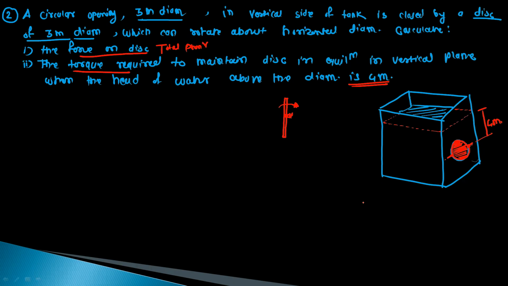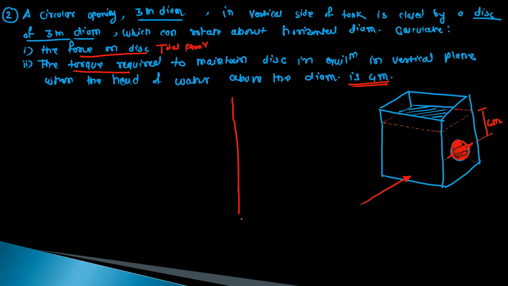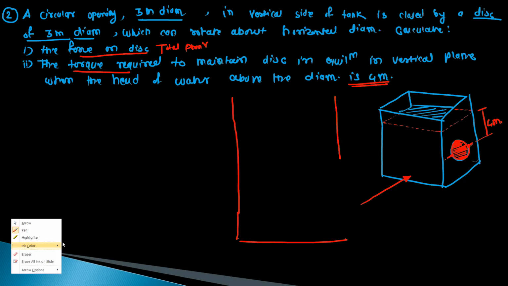So I will draw the side view, so it will be just a two-dimensional diagram. So here we have the gate or that disc.